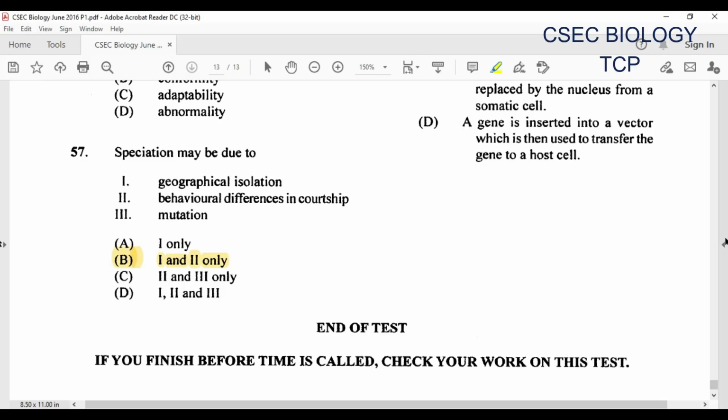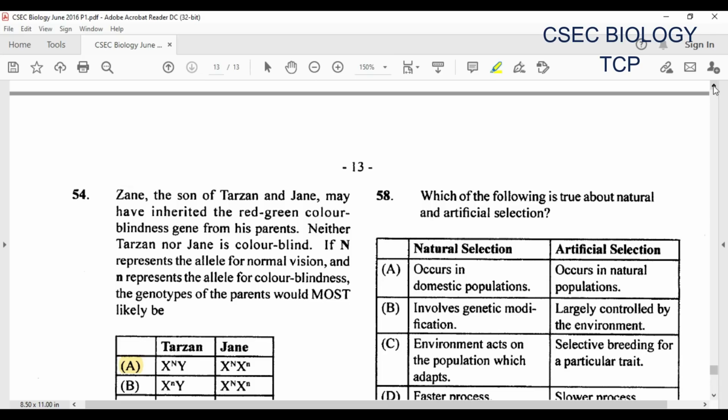And we move to question 58. Which of the following is true about natural and artificial selection? Natural and artificial selection occurs in domestic population. No. B involves genetic modification.